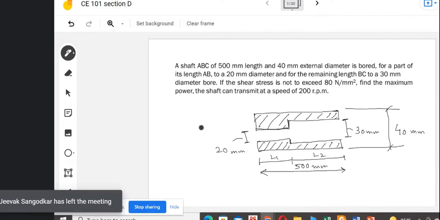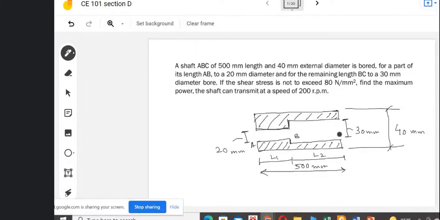It is said that a shaft ABC, A, B, and C, is of 500 millimeter length. So the total length is 500 millimeter.